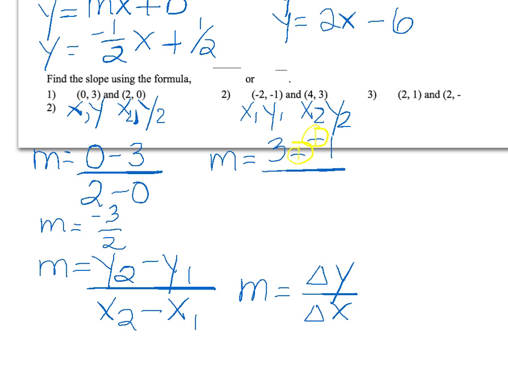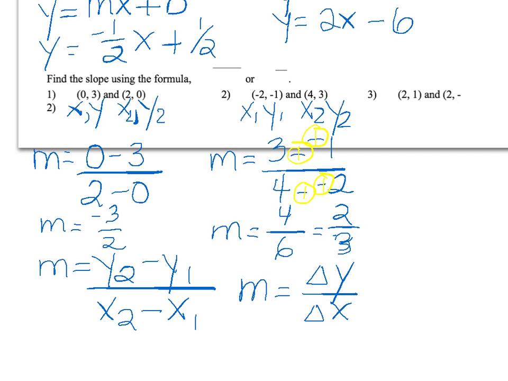And so on the bottom we have x2 is 4 minus x1, which is a -2. Again, I have that double negative we talk about all the time, and changing both to positives. So m equals 3 plus 1 is 4, over 4 plus 2 is 6, reduces to 2/3.